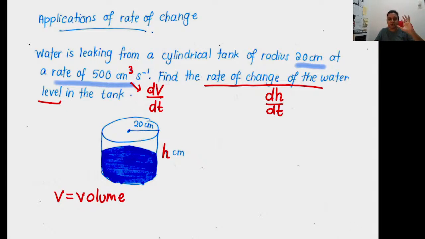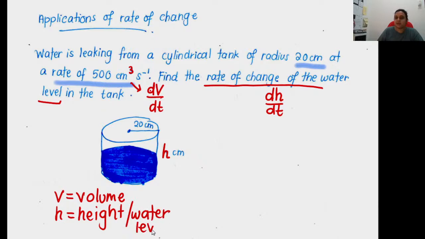Can you see how to relate? This is how you relate. Then from here, we need to know the volume, isn't it? So H is what we are going to use for height. You can write height or you can write water level, either one. Now from here we're going to find dH dt.